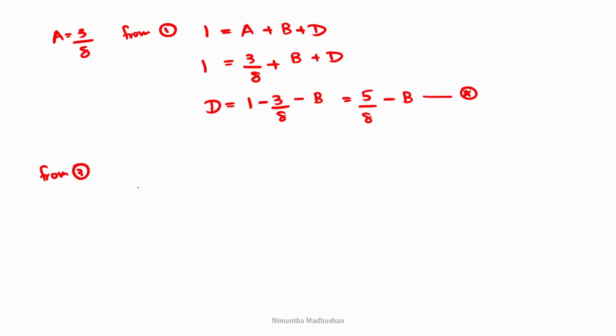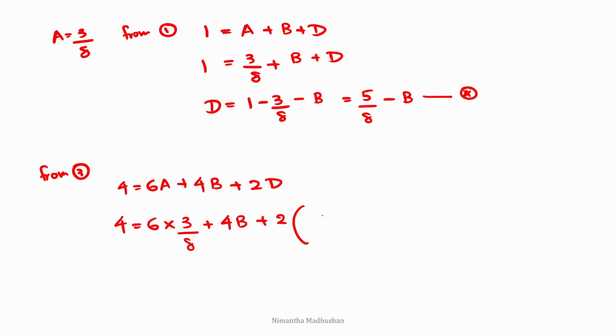From the third equation, 4 is equal to 6a plus 4b plus 2d. 4 is equal to 6 times 3 over 8, the value of a, plus 4b plus 2 times 5 over 8 minus b.